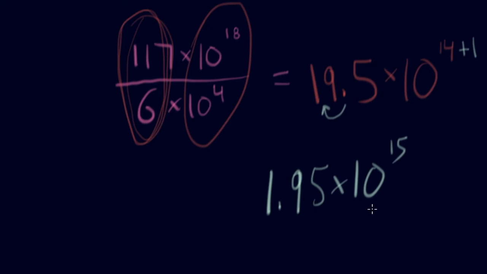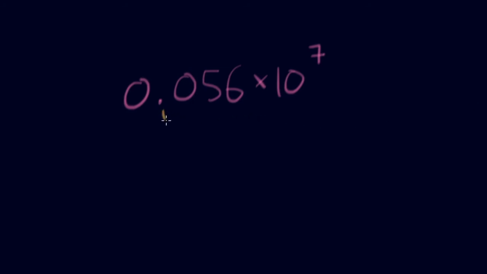Now, you might also be wondering, because we've shown some different examples, what happens if you have to move the decimal the other way? So let's say you had an answer that looked like this, times 10 to the 7th, and you're asked to change that to scientific notation. You have to move that decimal 1, 2 places over.